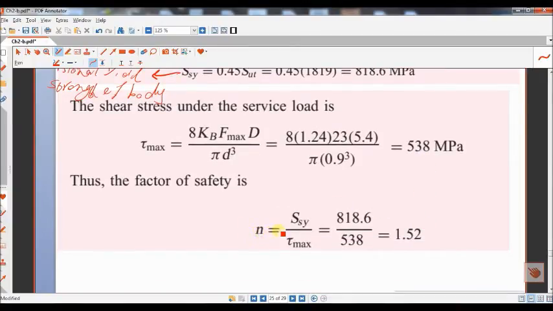Now I can find the safety factor in the body of the spring, torsional yield strength divided by the shear stress, 1.72. So this is the safety factor at the body of the spring. I can write NB to illustrate the safety factor in the body of the spring.